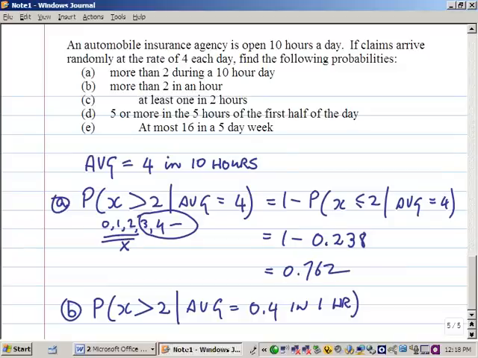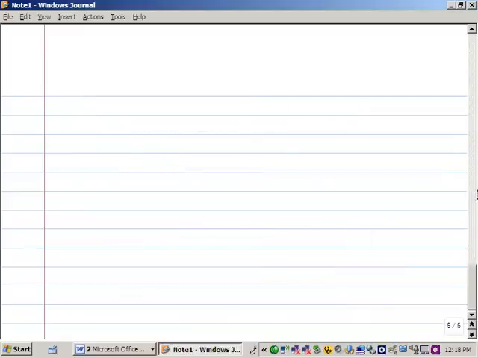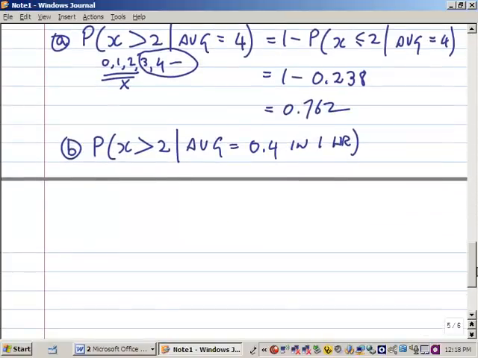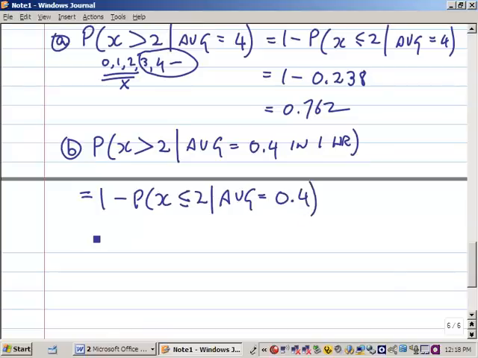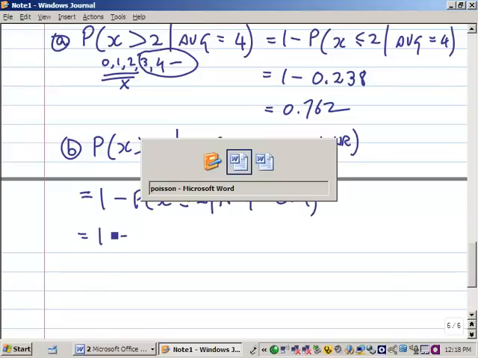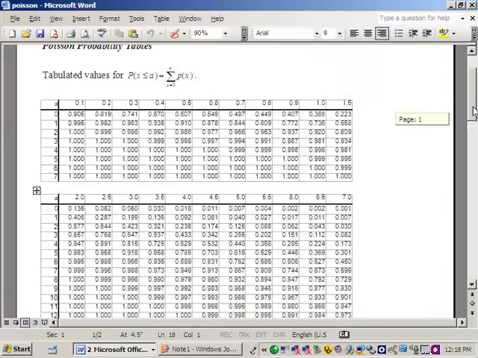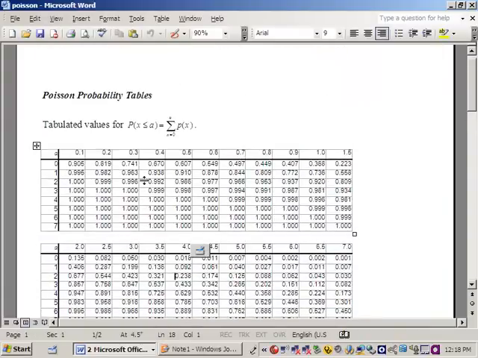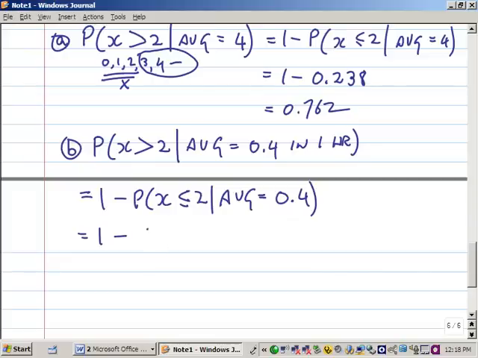Except for where we find this value in the table, the rest of the problem is the same. So what we'll do is 1 minus the complement, x less or equal to 2, which we read from our tables. The average is 0.4. So we'll find 0.4, less or equal to 2, is this number here, 0.992. And so the answer there is 0.008.